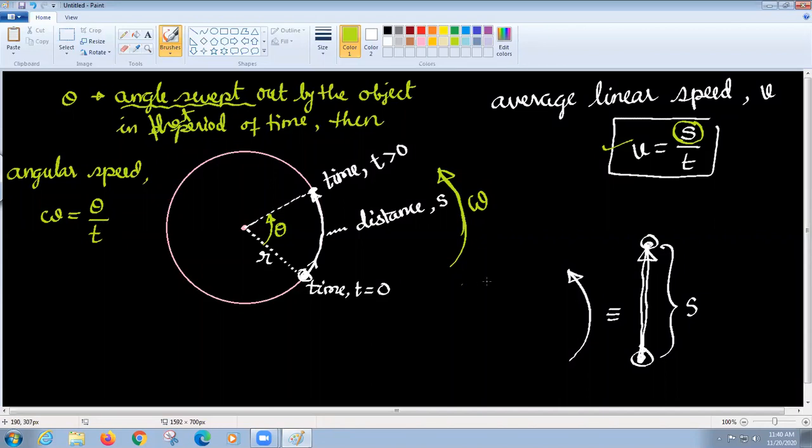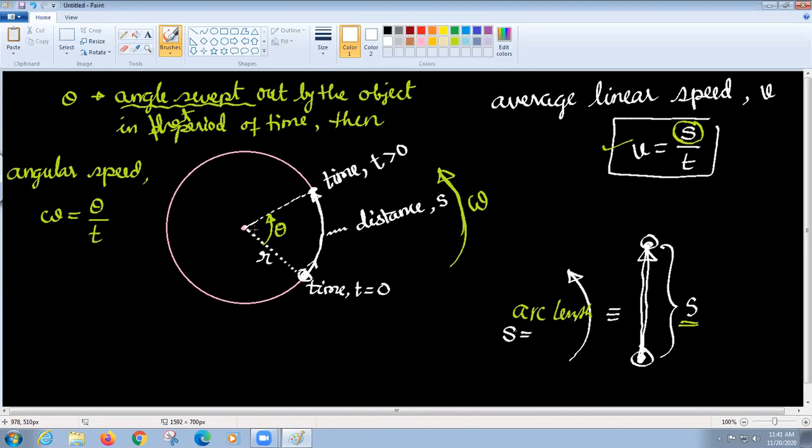Now what is this arc length here? R theta, very good. So this arc length s is equal to r theta, because this arc became a straight line when we stretched it out.